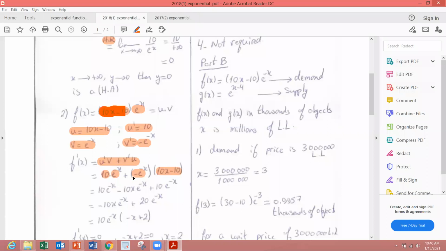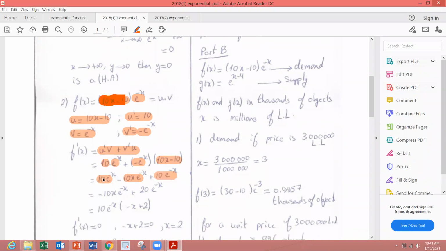We expand or we can take common. If I expand, we get 10e to the minus x, minus e to the minus x times 10x, it will become minus 10x e to the minus x. Minus times minus, we get plus 10e to the minus x.